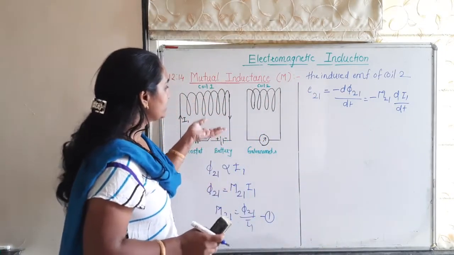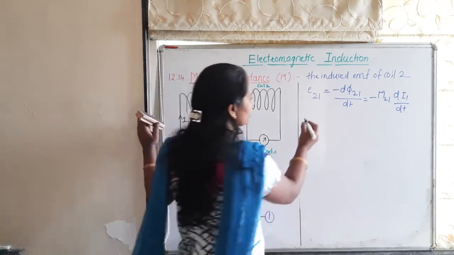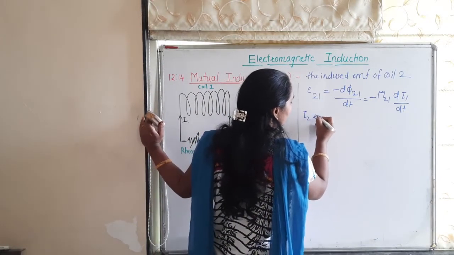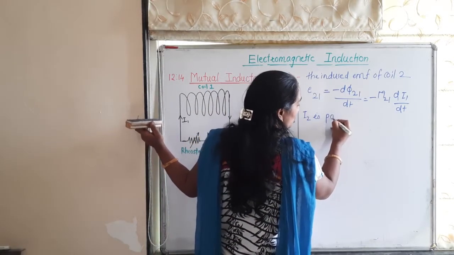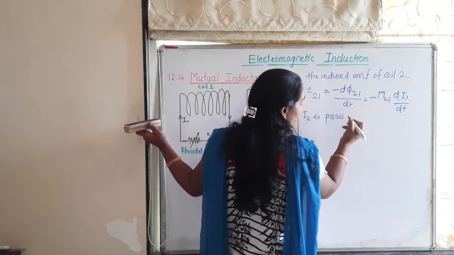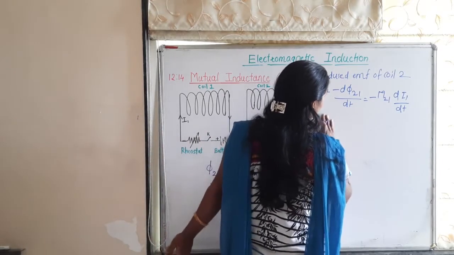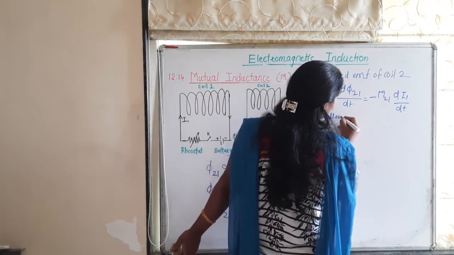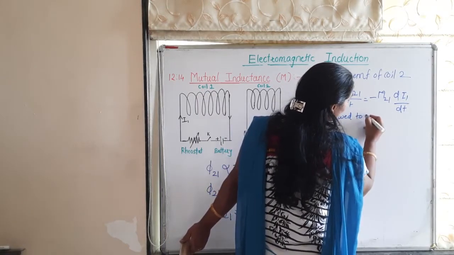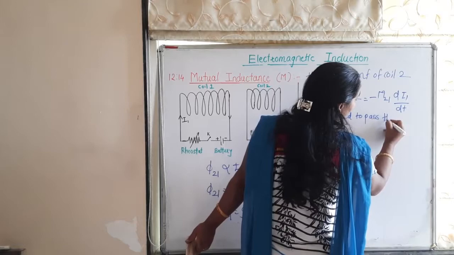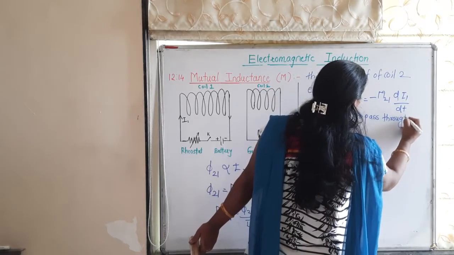Then we consider the coil 2, where the current I2 is allowed to pass through coil 2.